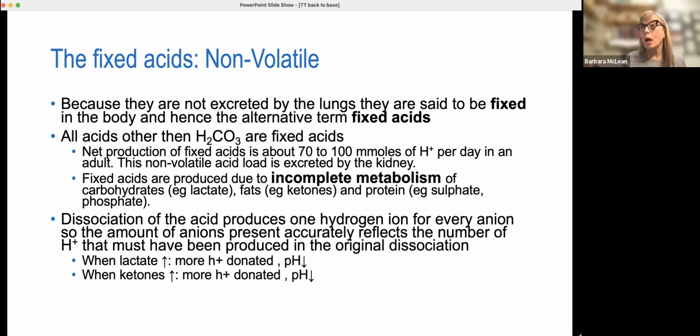Those fixed or non-volatile acids, what I want you to remember are hydrogen ion. That's the only one you really care about. And you want to remember that hydrogen ion is increased when you have incomplete metabolism. So we have incomplete metabolism when we have glycolysis, when we have anaerobic metabolism, when we're metabolizing fats, and when we're metabolizing proteins, because we release sulfate and phosphate when we metabolize proteins.